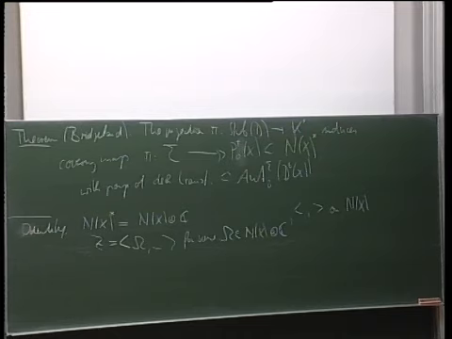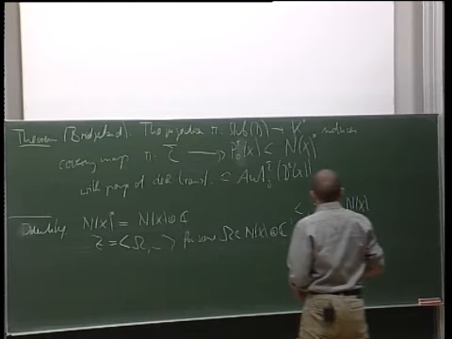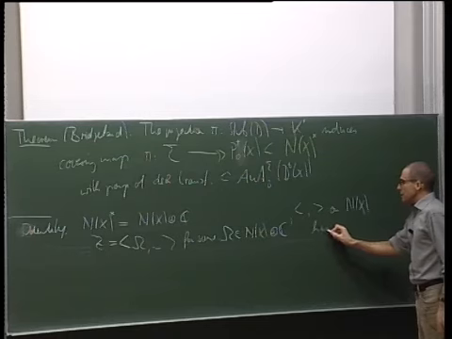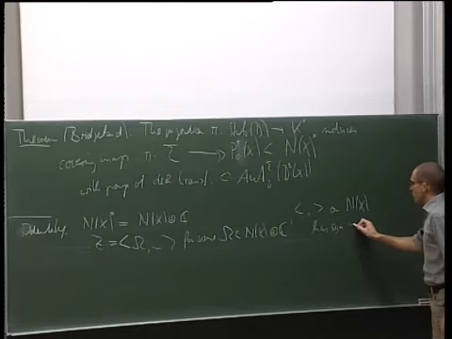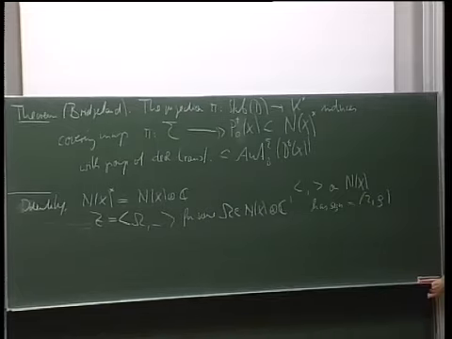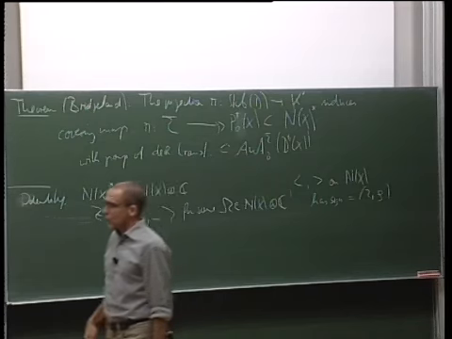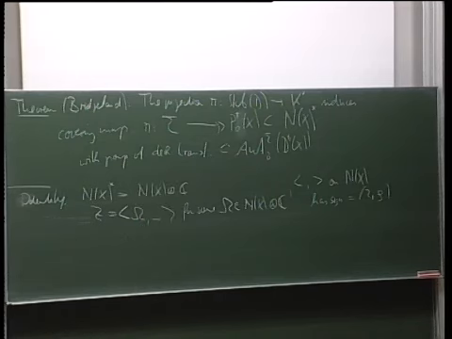And the Néron-Severi group, by the Hodge index theorem, has signature (1, rho minus 1), so this thing has signature (2, rho): two positive eigenvalues, and all the other ones are negative. If you diagonalize it over R, you have 1, 1, and all the others are minus 1 on the diagonal.